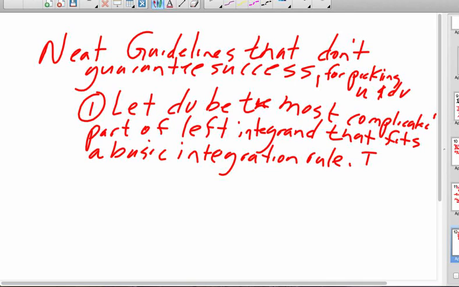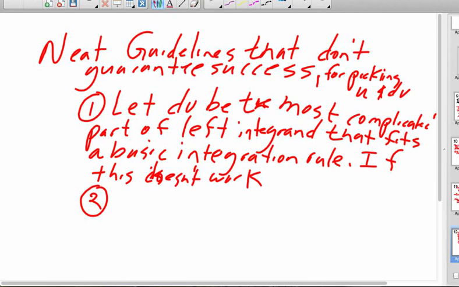If this doesn't work, then try number 2. And dv is usually the one most people try to pick too.